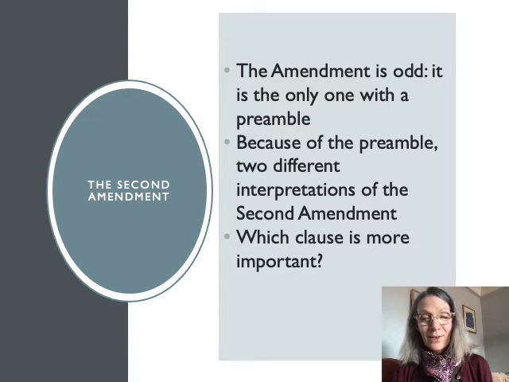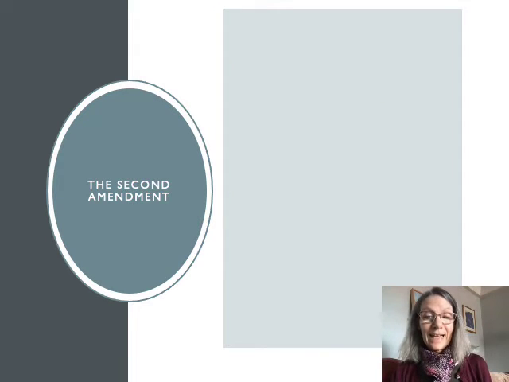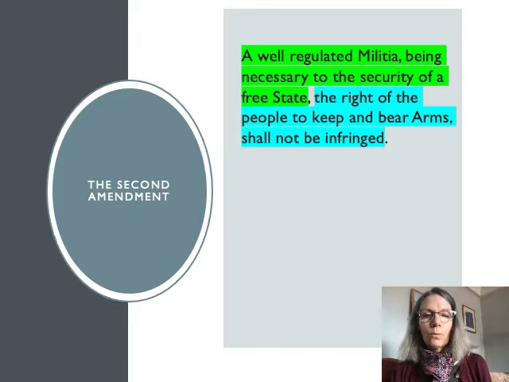So let's go ahead and look at the Second Amendment again and look at this preamble clause and the other clause, and then we'll talk about how those two clauses are used very differently in terms of how to interpret the Second Amendment. So here's the Second Amendment again, with highlights of the two different clauses.